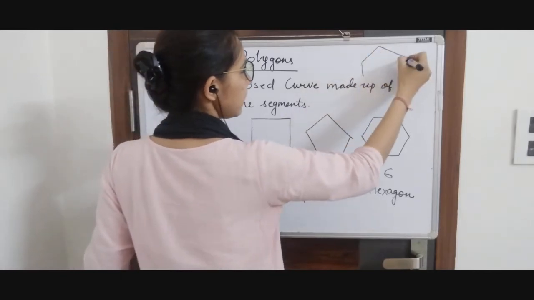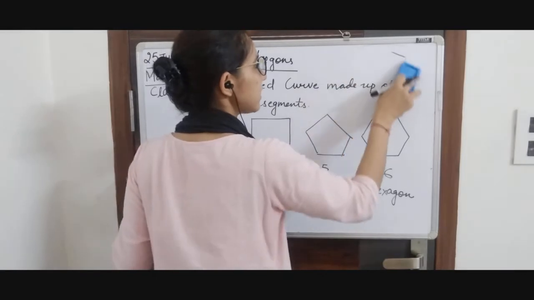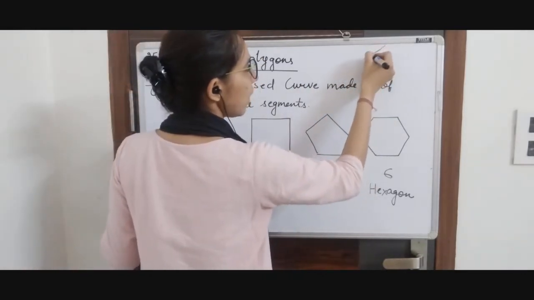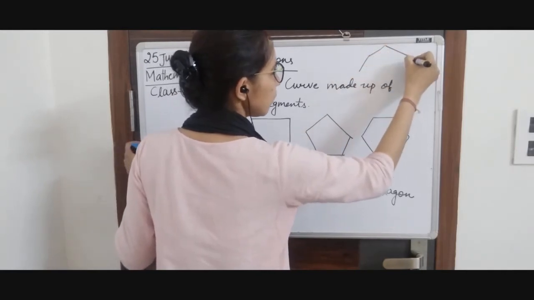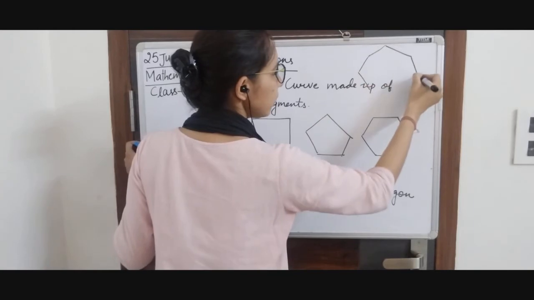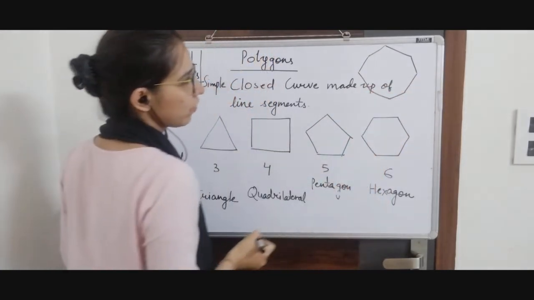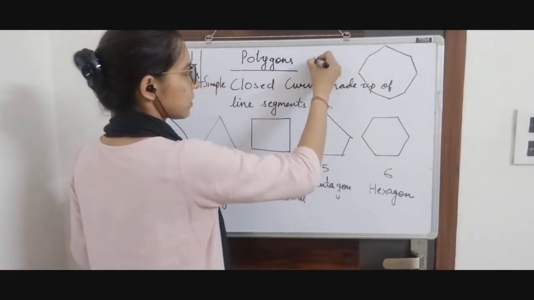And we have one more kind of polygon in our syllabus, and that is a polygon with 8 sides. 1, 2, 3, 4, 5, 6, 7, 8 line segments, and it will be called octagon.